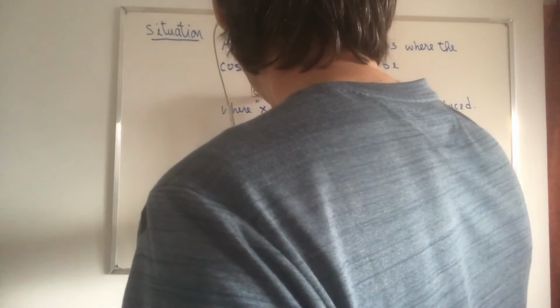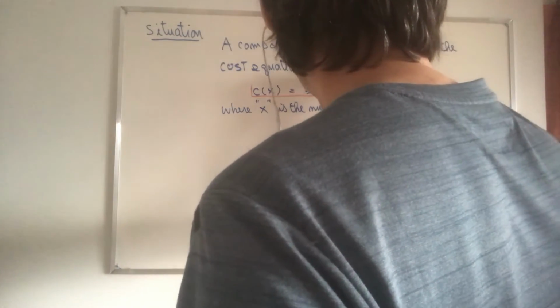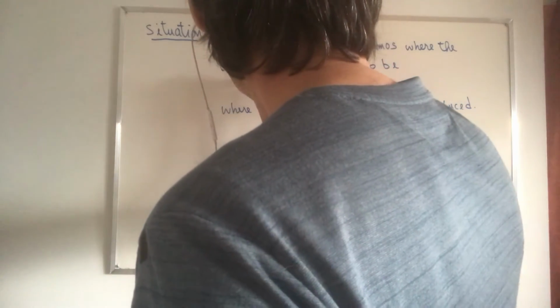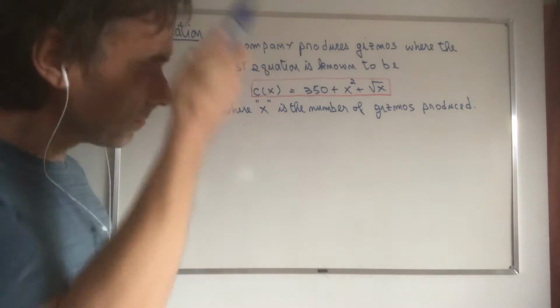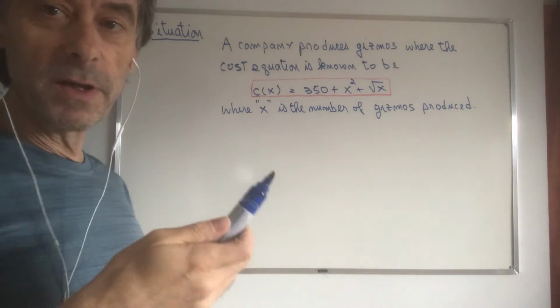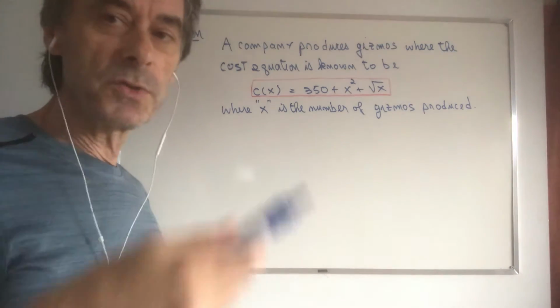Let me see if my red one works a little better than last time. A little bit. Still need a new marker, I think. So this is my cost equation, and that cost equation basically determines, depending on how many of the gizmos that I make, what's going to be my cost.